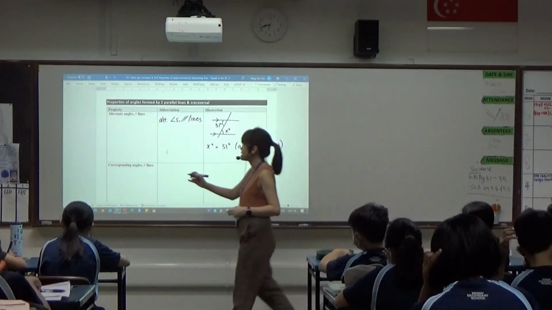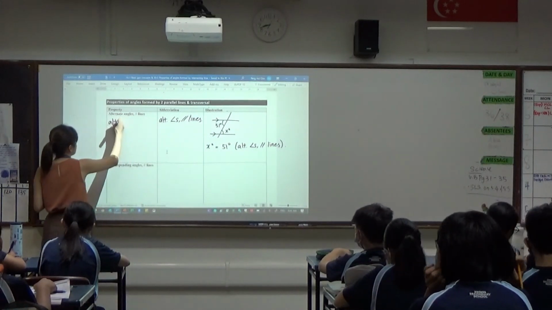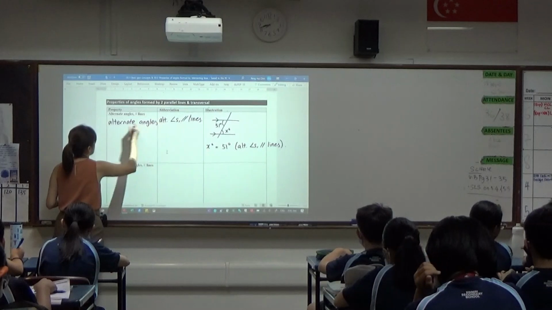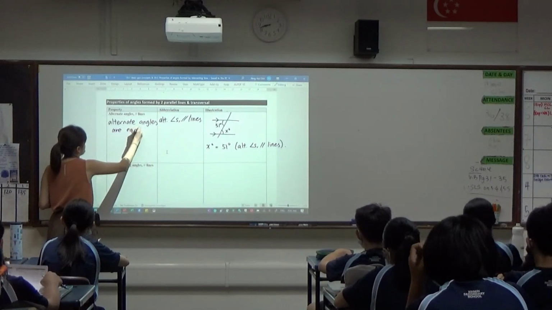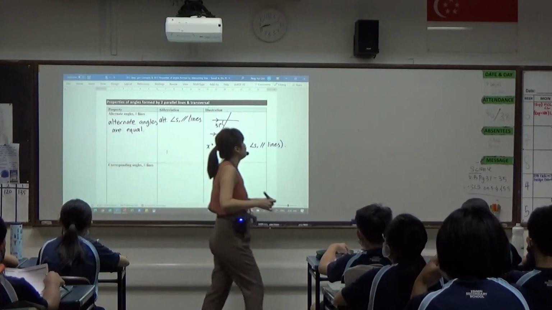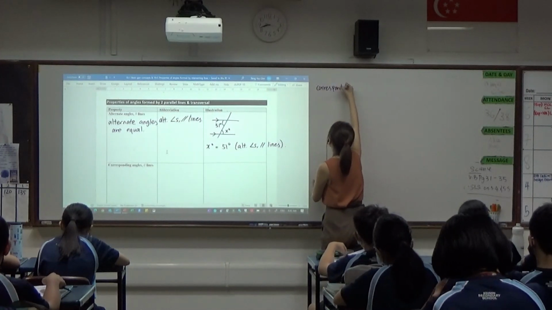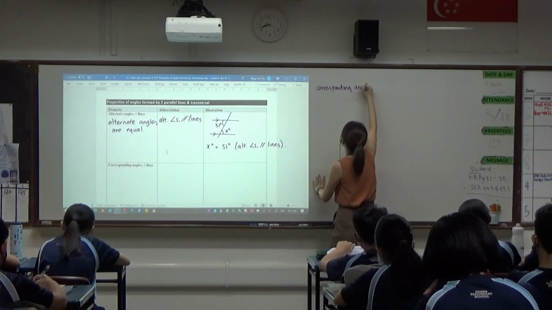So alternate angles are equal. For corresponding angles, likewise, they are also equal.